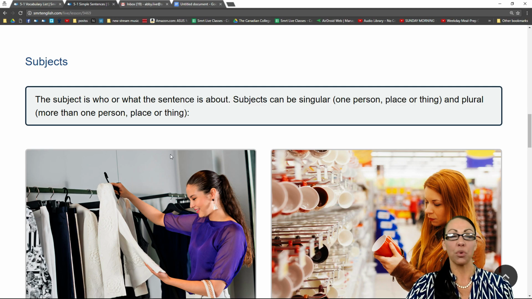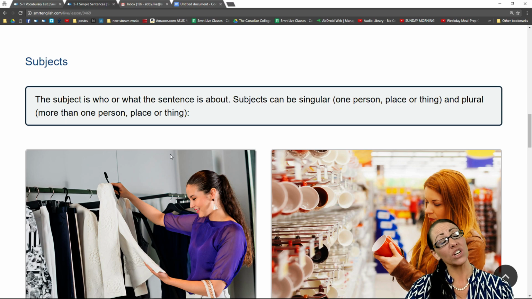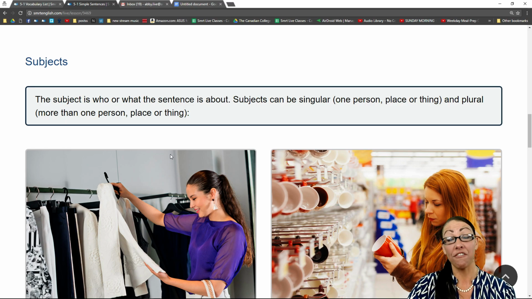So once more to review, with our subjects, who or what we're talking about, so the main point of the sentence, and of course that has to be accompanied with a verb, with an action, but the subject is who or what the sentence is about, and it can be singular, it can be one, or it can be plural. 2, 3, 4, 10,000. Plural is just more than one.